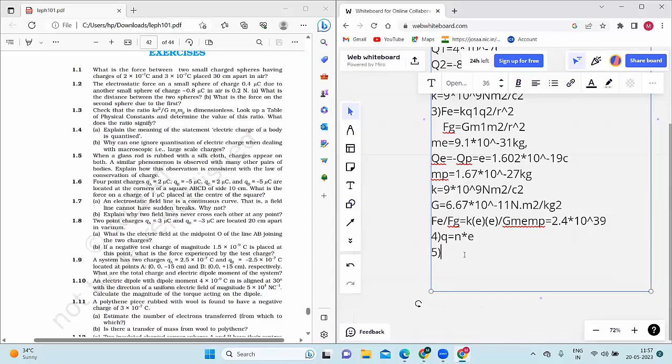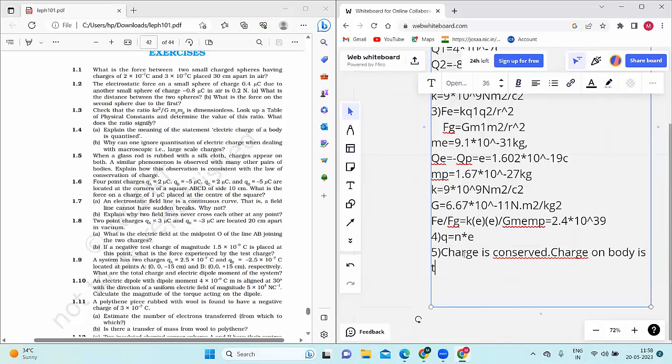As we discussed, charge is conserved, so charge on one body is transferred to the other body.